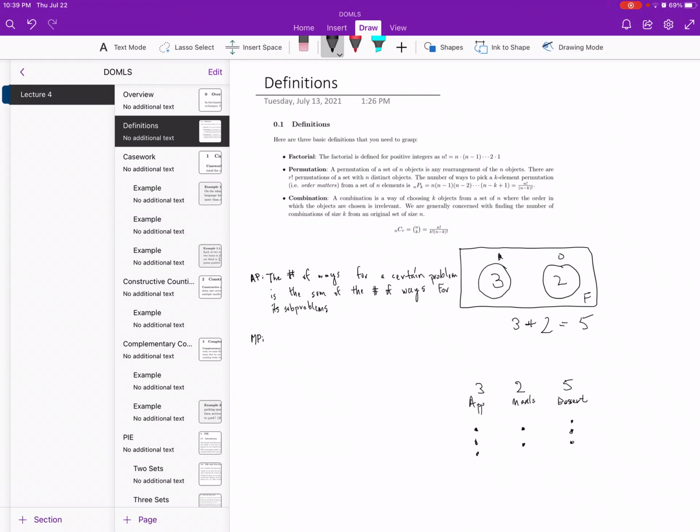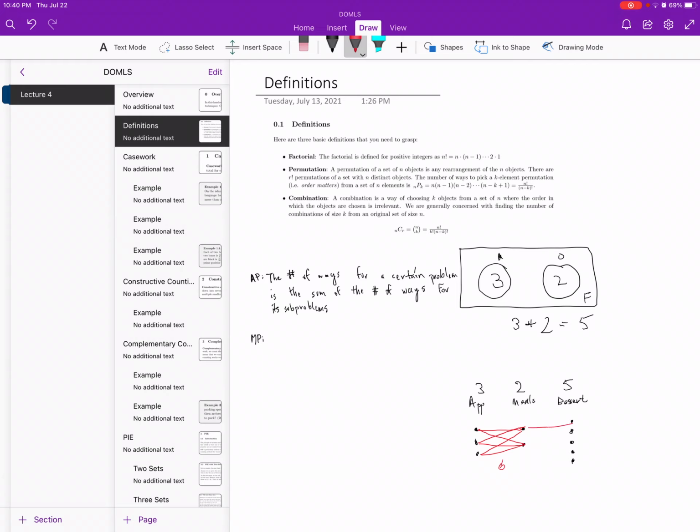So the number of ways to choose a meal: we could start here and go here, or we could start here and go here. There are all these different combinations. For each of these 3 dots, there are 2 dots of meals that we can choose. So there's a total of 3 times 2, or 6 lines here.